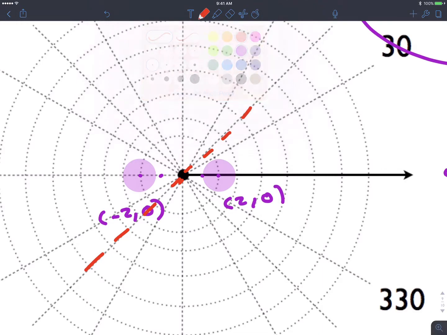This here is pi over 4. We never actually cross that. So how that looks is I'll start here at radius of 2, and I'm going to go to the pole. Similarly, I'm at negative 2, and I have to go where? To the pole as well. But these are all negative radius values, so I'm going this way.